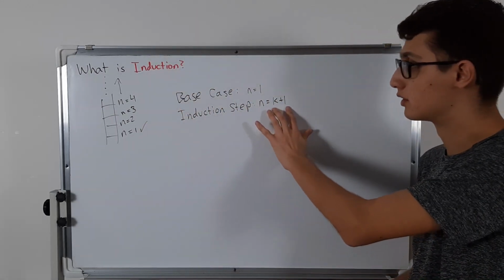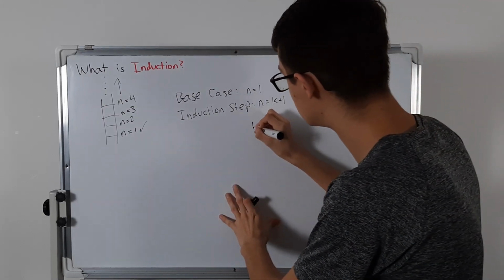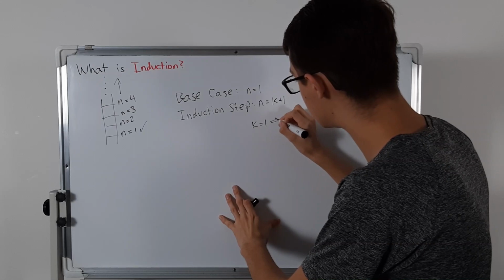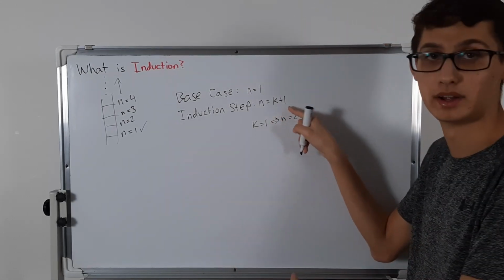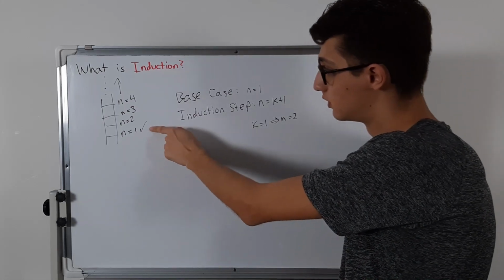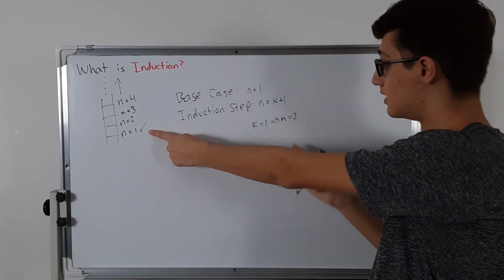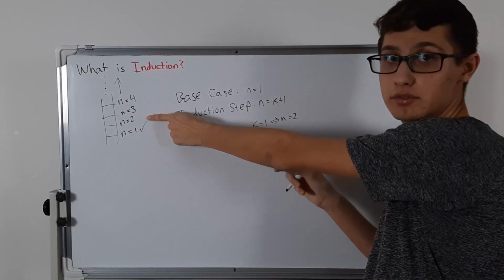When we say k plus 1, we're saying, well, if k equals 1, that tells us that n equals 2, right? That's just 1 plus 1. So k equals 1 is proven, so now, if that's proven, let's look at n equals 2, and then we can prove this.